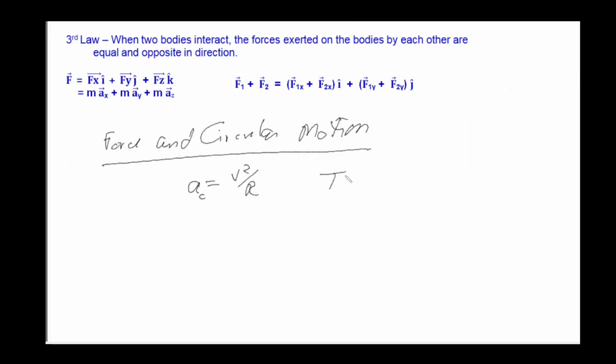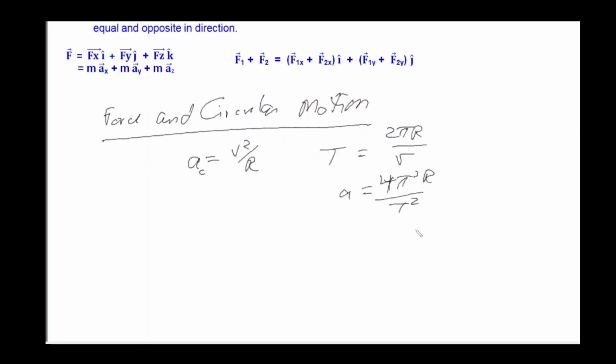We also know that its period is equal to 2 pi r over v, and then you can find that acceleration becomes 4 pi squared r over T squared.